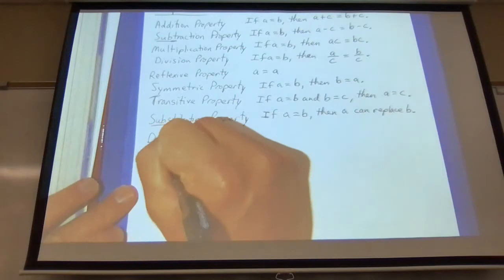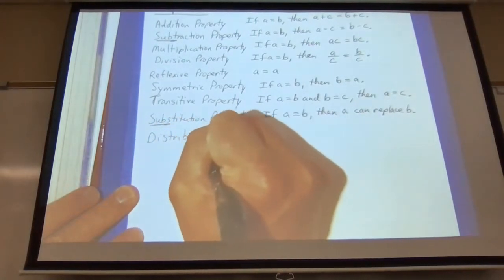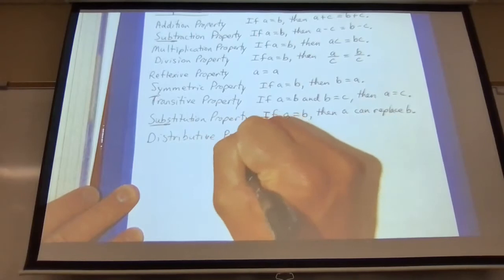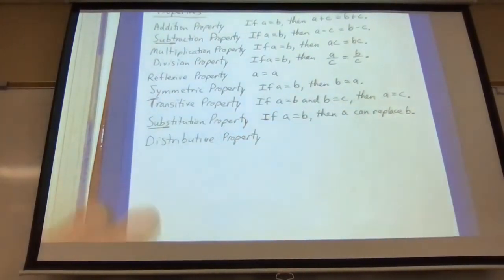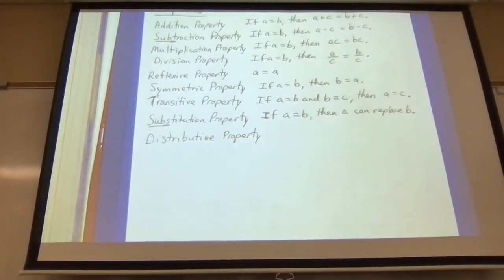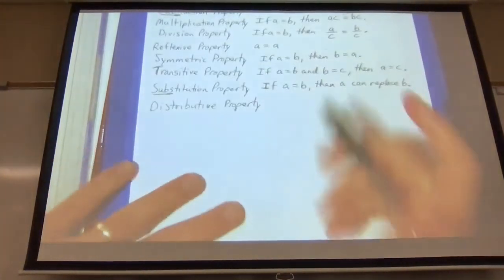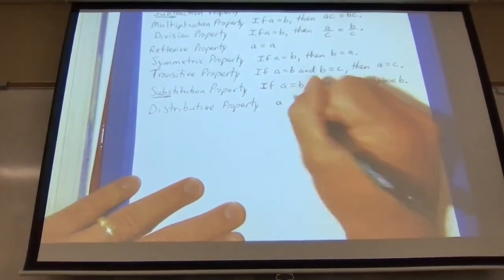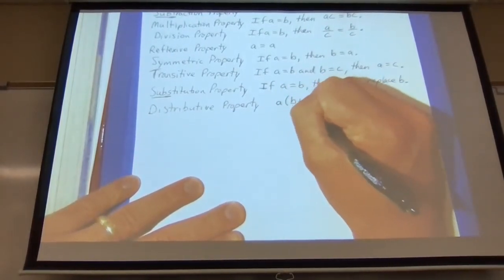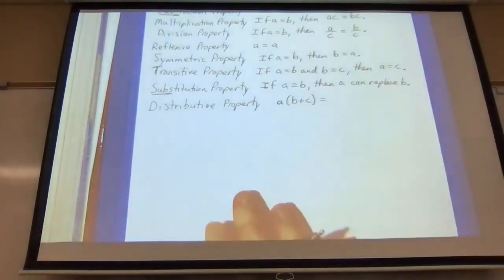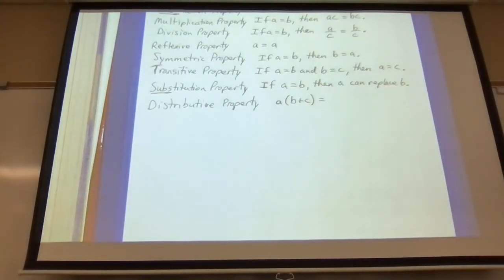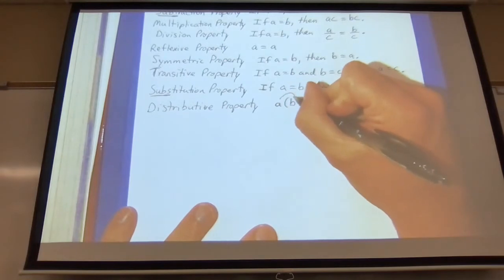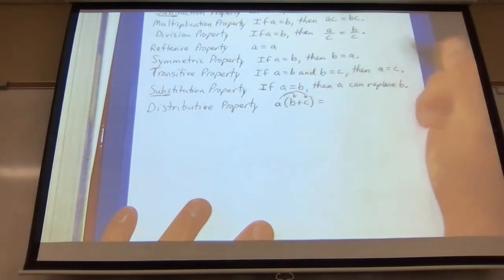All right, last one is the distributive property. We've already talked about the distributive property this year. This one, we're not going to put in if-then form. We're just going to put it as an equation. You have A times the quantity B plus C. The distributive property is where you distribute that A to both things inside the parentheses.